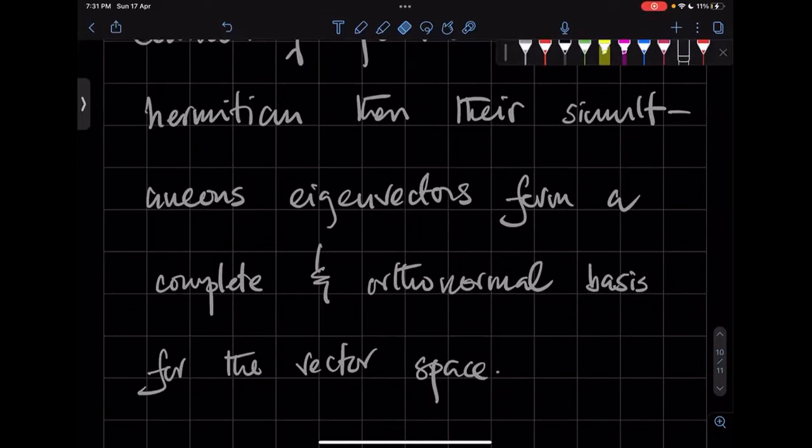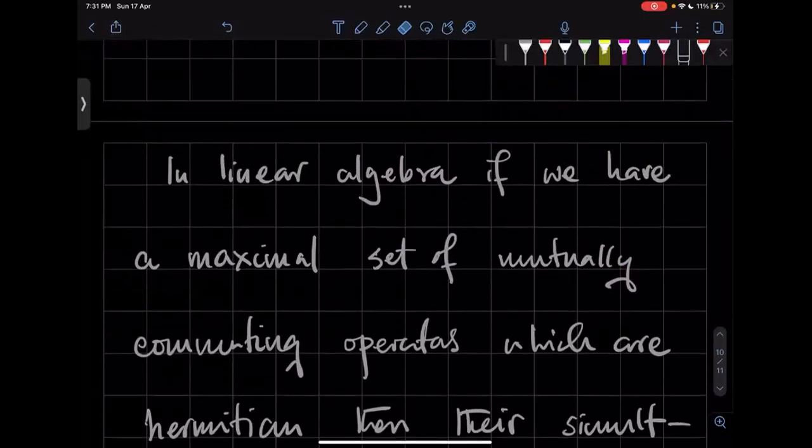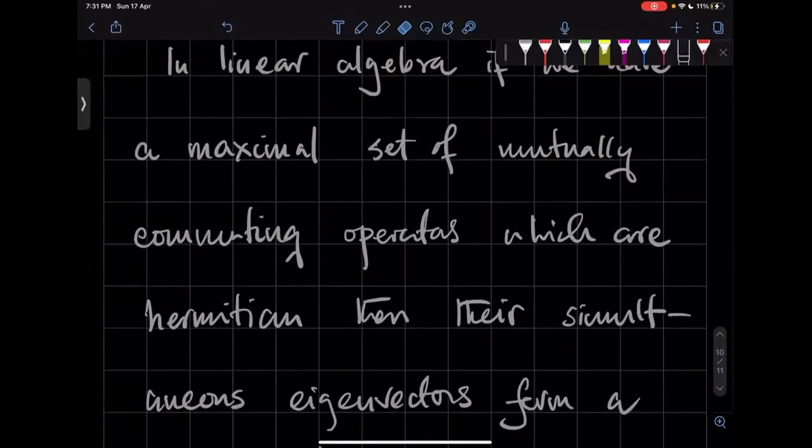That's why in finite dimensional linear algebra, Hermitian operators are so important, because they give us the basis of a vector space. I didn't see it in linear algebra, but I learned it in my quantum computing course. Okay.